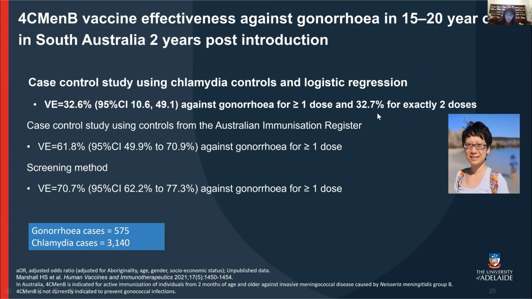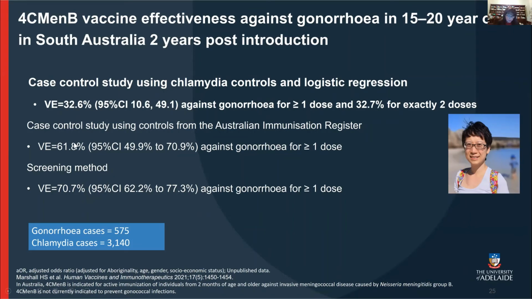But we did have quite high coverage of 2 doses, which is why I think these 2 results are very similar. And then we also undertook a case control analysis, as I'd mentioned before, using controls from the Australian Immunisation Register. Now this gave us a higher VE, and as did the screening method.